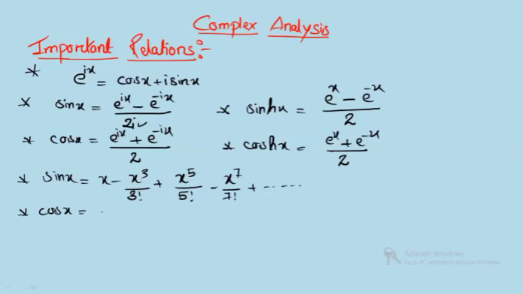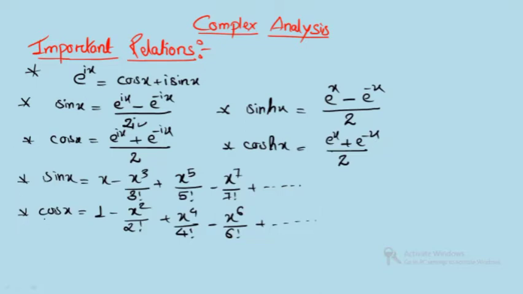So cos x can be written as 1 minus, here you will have even powers, all right? x square by factorial 2 plus x to the power 4 by factorial 4 minus x to the power 6 by factorial 6 plus and so on. So this is how you can write sine x and cos x in the expansion form.